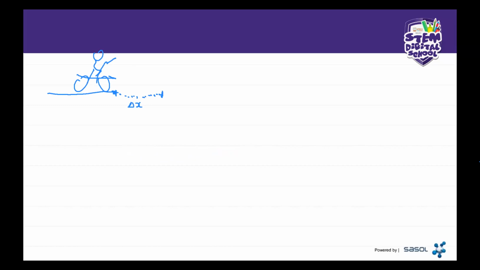So on number C, what do we know? We know that our frictional force is equal to 2,500 Newton. When we calculate the net force, what do we know about it?